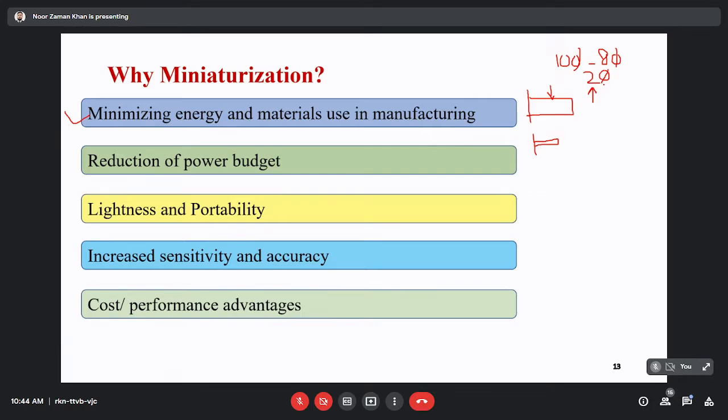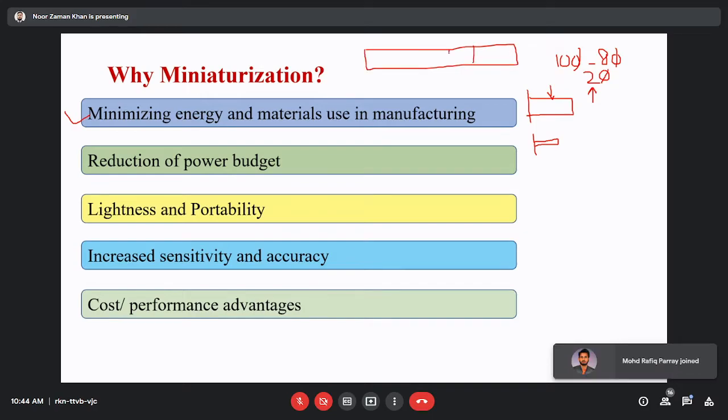So you can get more number of components from the fixed volume. If you are having a fixed volume and you are dealing with the macro component, you will get less number of components. But from the fixed volume, you can get more number of components if you are dealing with micron size or miniaturized products or components. So it means that we minimize the material use.